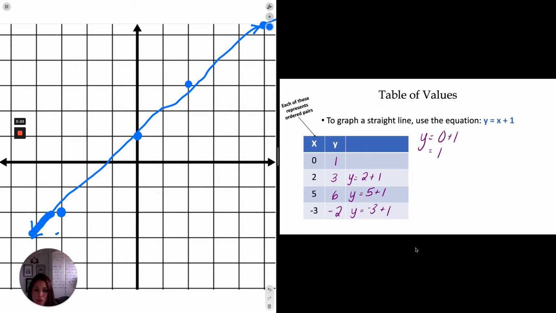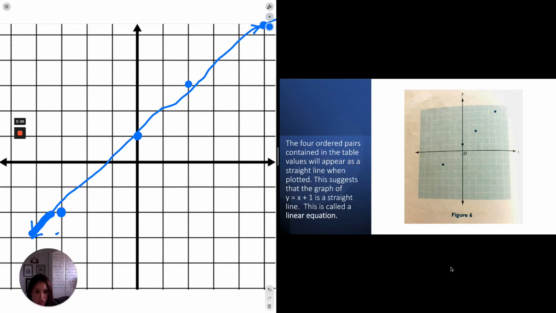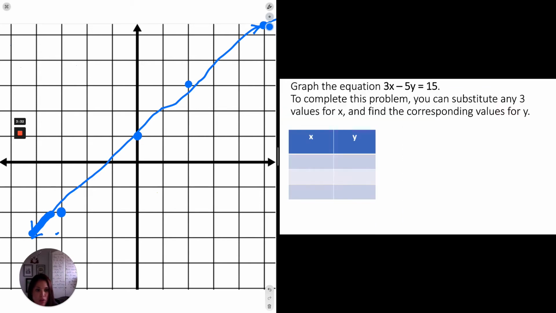We can make this go on and on as long as we put in numbers. This is just a picture from your book showing the example. Now, let me erase this graph and we'll start another one.